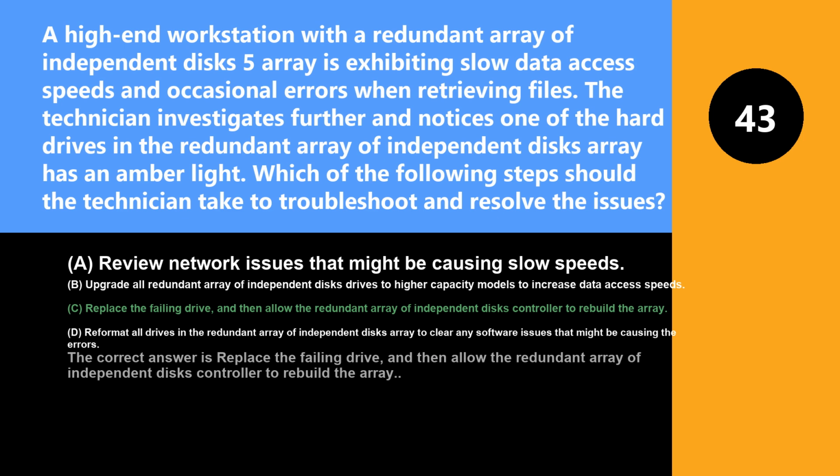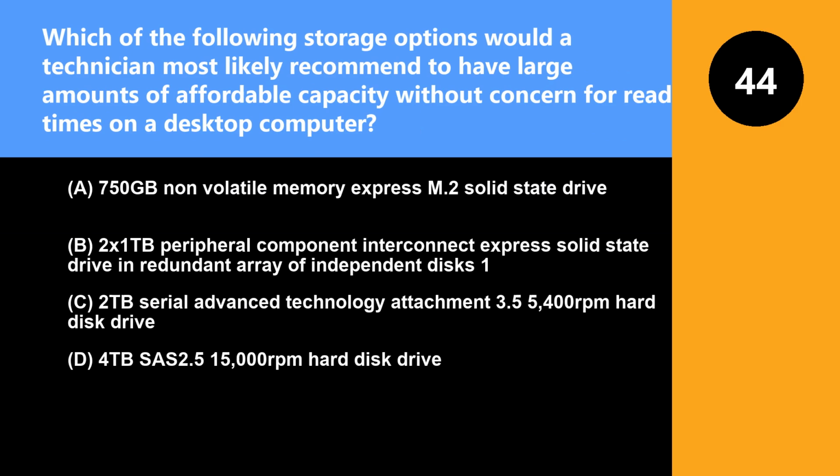Question 44. Which of the following storage options would a technician most likely recommend to have large amounts of affordable capacity without concern for read times on a desktop computer? Option A, 750 GB non-volatile memory express M.2 solid-state drive. Option B, 2x1 TB peripheral component interconnect express solid-state drive in redundant array of independent disks 1.